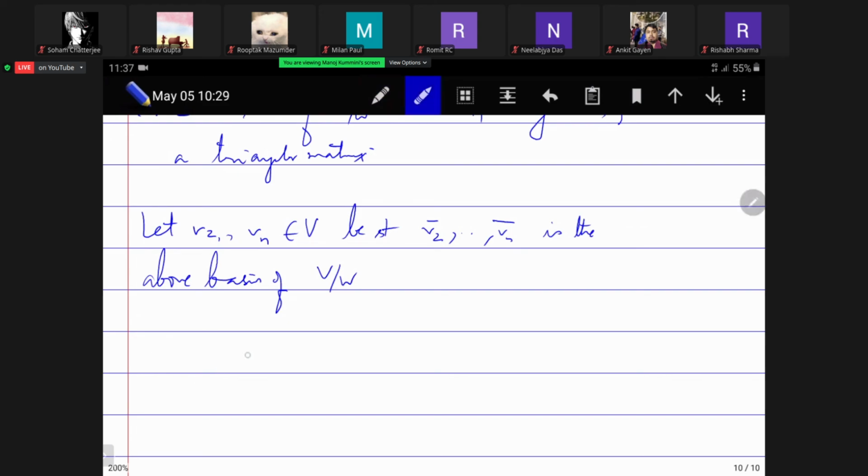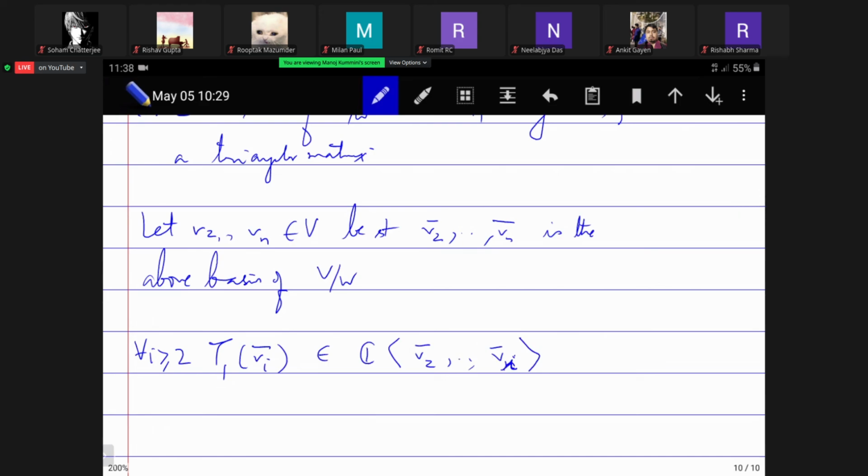So T1 of Vi bar, for all i greater than or equal to 2, is in the span of V2 bar up to Vi bar. That's what we mean by saying this is upper triangular. T1 of this thing is inside here, right?